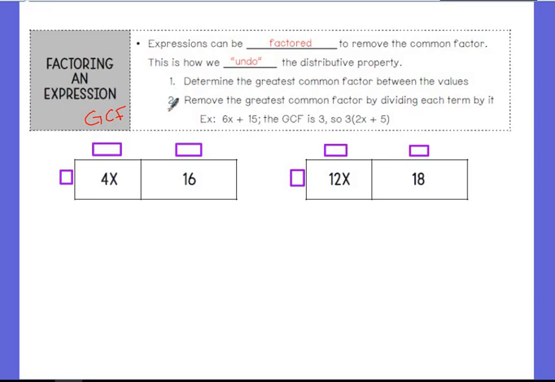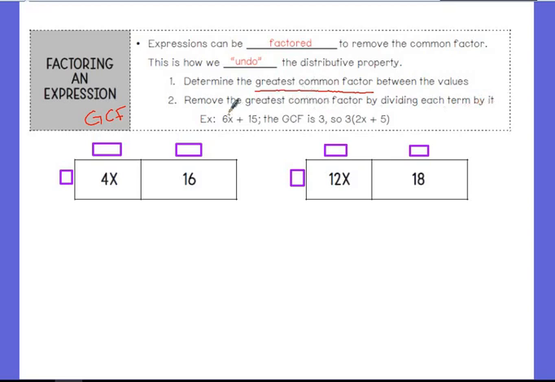So now we already have the answer, and we want to work backwards and see what the problem would have been. Just makes us smarter. So we're first going to determine the greatest common factor. There's our GCF between our values. We're going to remove the greatest common factor by dividing each of the terms by it.